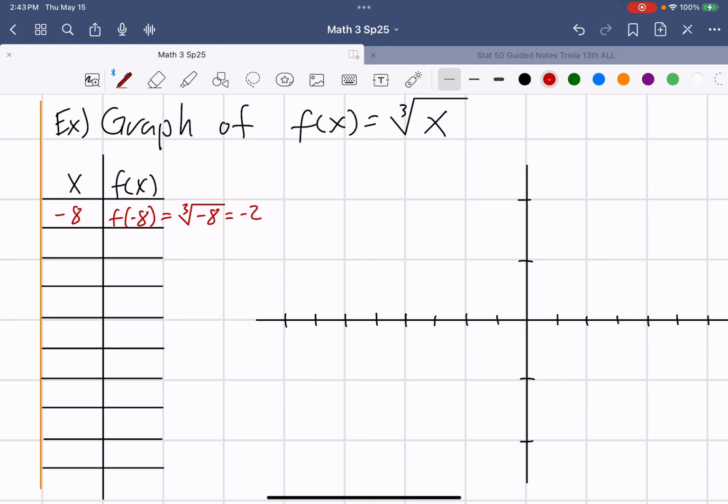Negative 7 is fine, negative 6, negative 5, 4, 3, all those, but I don't know the nice whole number of that. I do know what the cube root of negative 1 is, it's negative 1. I do know the cube root of 0, which is 0. Same thing, I know the cube root of 1. I know the cube root of 8 is 2.